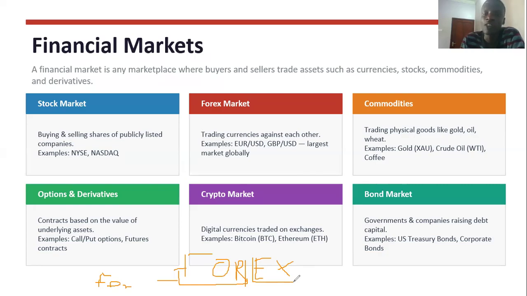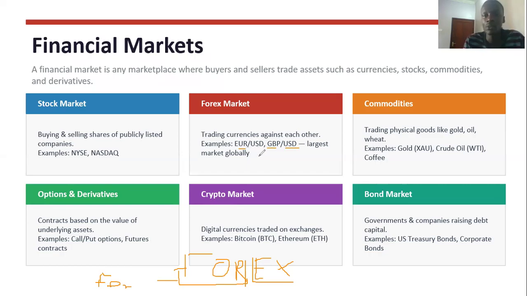So here, I think the forex market mainly deals with the buying and selling of various currencies against each other. It's the largest globally traded market. Here we are mainly dealing with selling and buying of currencies for various economies, like the US dollar, the Euro, the Great Britain pound, and many other currencies.